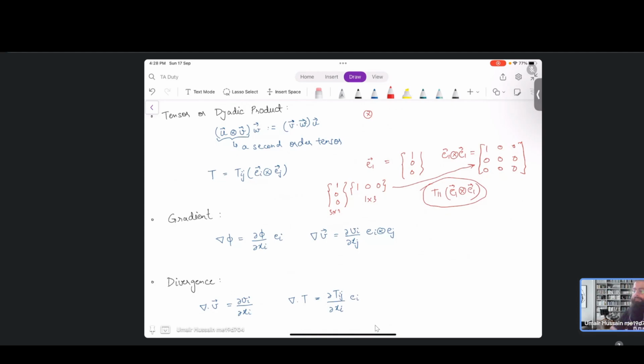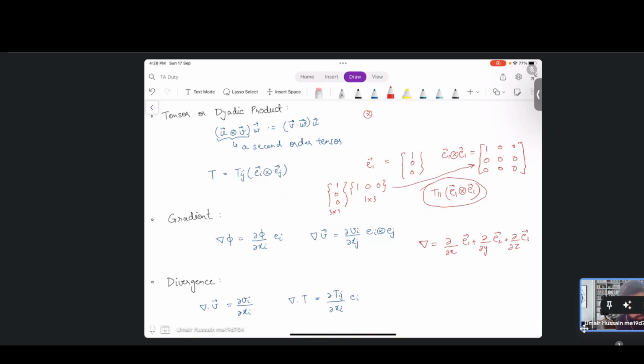First we should know what this del operator is. This del operator means dou by dou x of any quantity with the basis e1, plus dou by dou y times basis e2, plus dou by dou z basis e3.